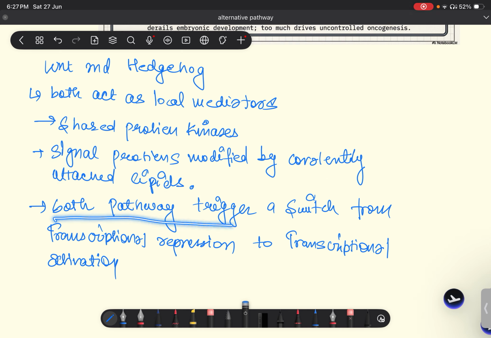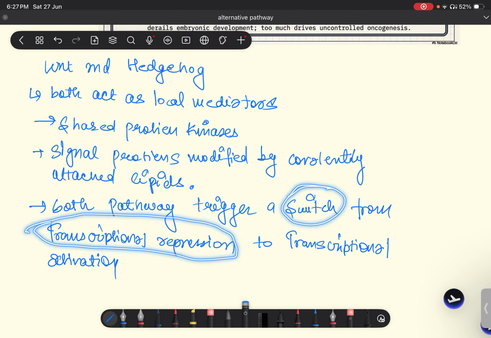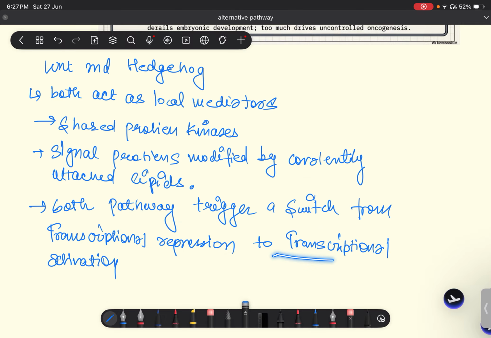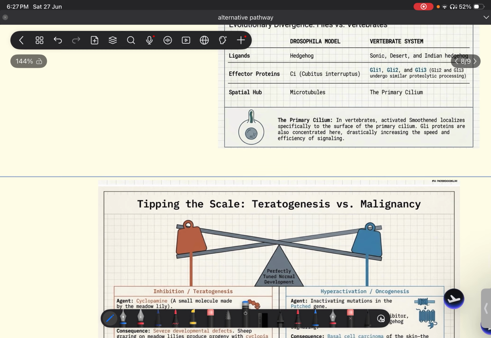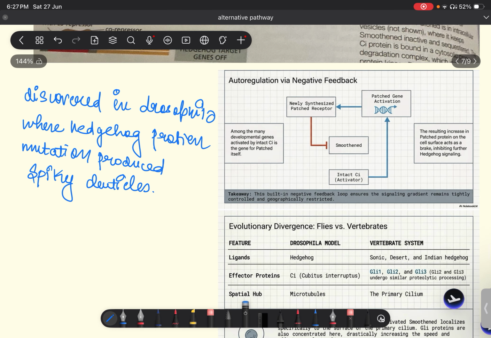Both pathways trigger a switch from transcriptional repression to transcriptional activation, right? And this gene was discovered in Drosophila when a mutation in the hedgehog protein produced spiky projections called denticles, like this in the world. Okay, thank you.